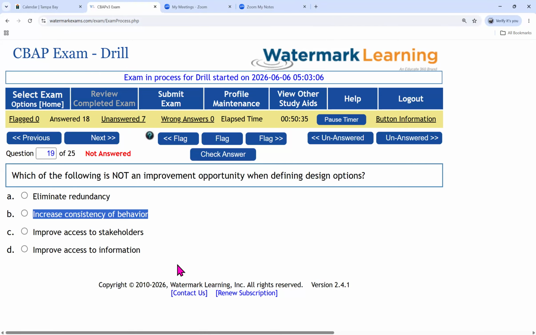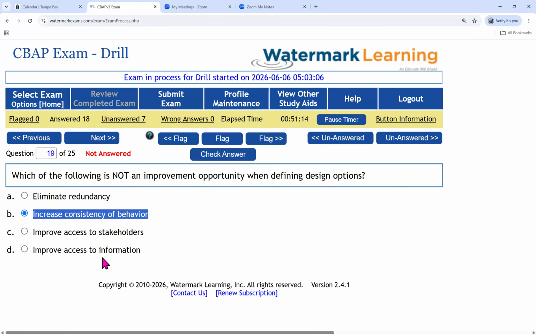That's the one I will choose as not an improvement opportunity. The other one seems much more likely. Okay. So you vote that eliminate redundancy, improve access to stakeholders, and improve access to information are your improvement opportunities. Yes, and consistency of behavior.